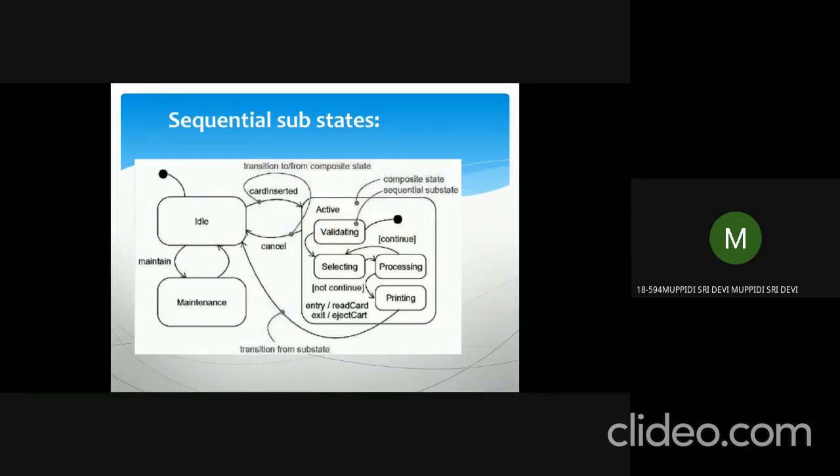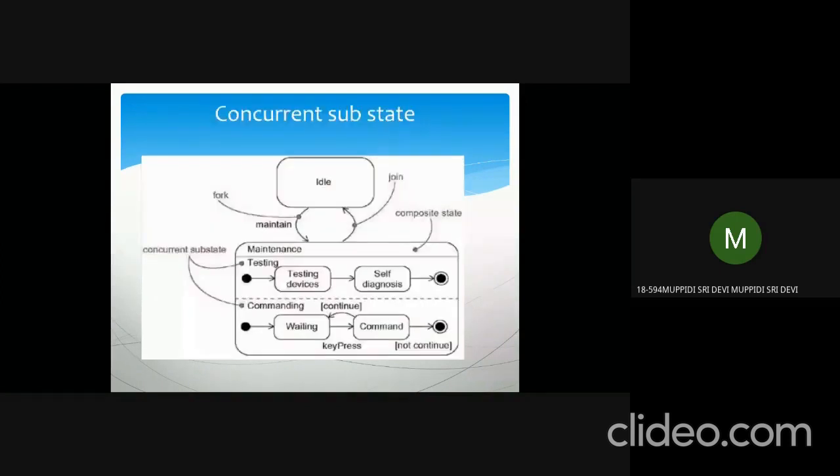Now we will discuss concurrent substates. As the name itself says, in a concurrent substate more than one thing will happen at the same time. If you see in this, initially the machine is in idle state. By using some maintain event, it will come to maintenance. Maintenance is an advanced state.